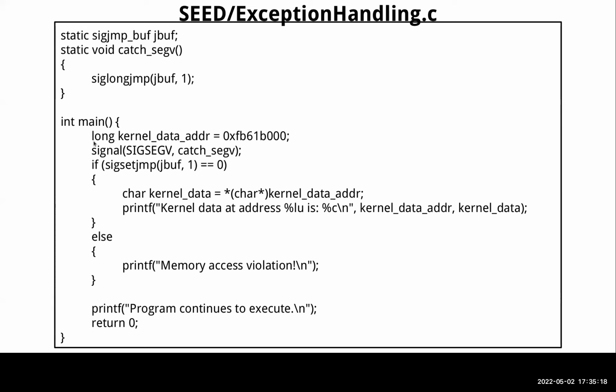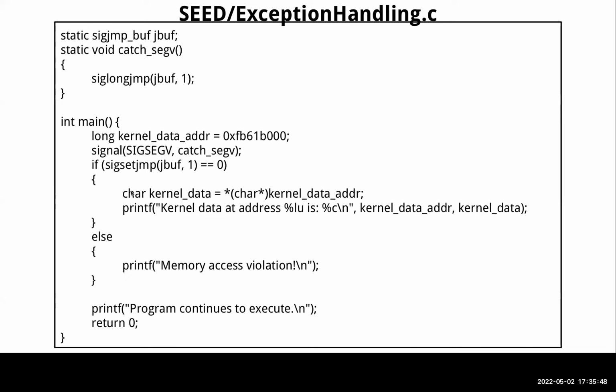Then I will set a kind of restore point. I will set a restore point here, at the if. If the restore point is set successfully, I will access that kernel address. When I access this the first time, the program will crash.